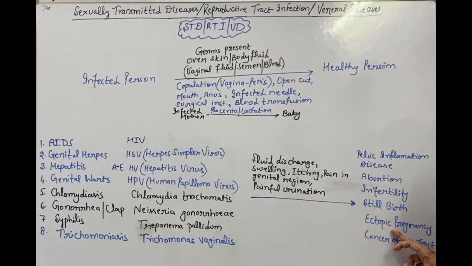In ectopic pregnancy, the fertilized egg, which usually implants into the uterus, implants outside the uterus, like in the fallopian tube, and usually degenerates there. But if it is left to grow there, it will damage the nearby organs and even lead to severe loss of blood, which is harmful for the life of the mother.